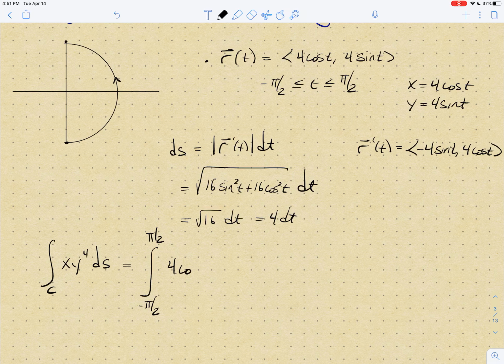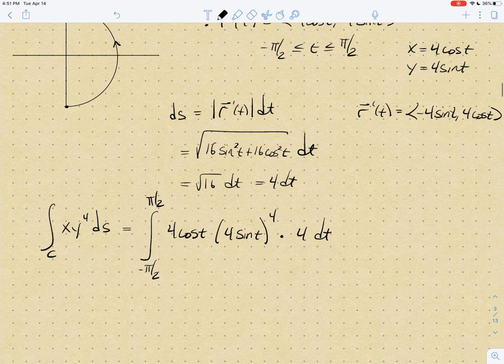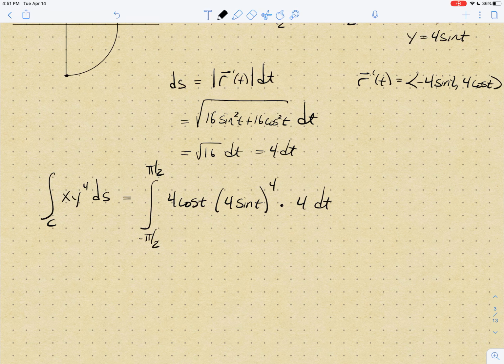So x now becomes 4 cosine of t, and y becomes 4 sine of t. So I get 4 sine of t to the 4th dt. Then I multiply by the length of r prime of t dt, which is just 4 dt. And so, wow, I get a lot of 4s.